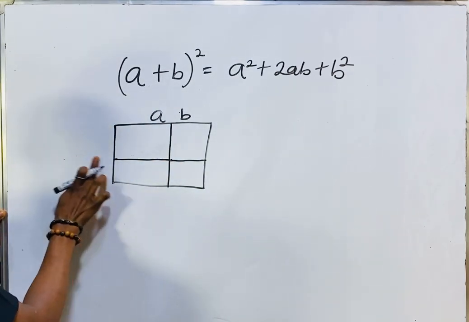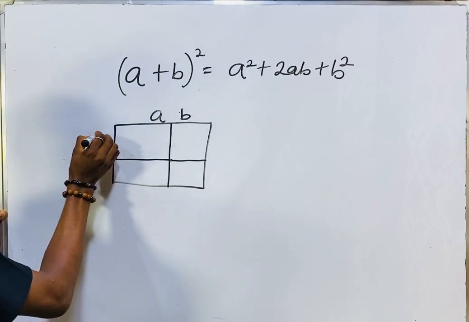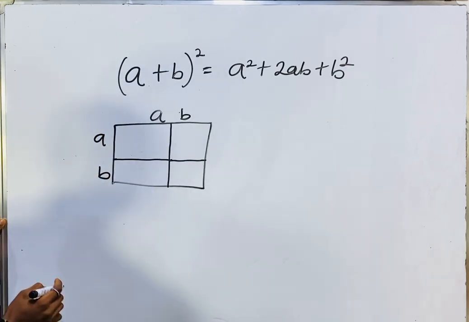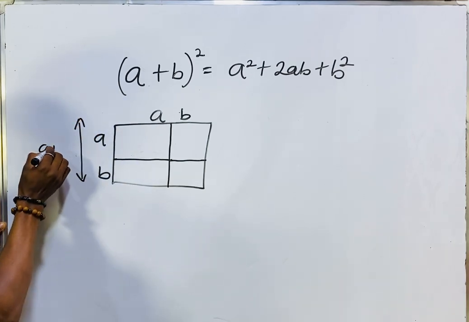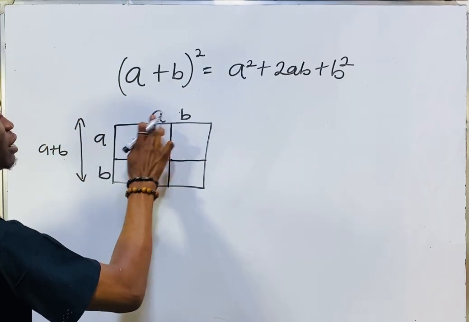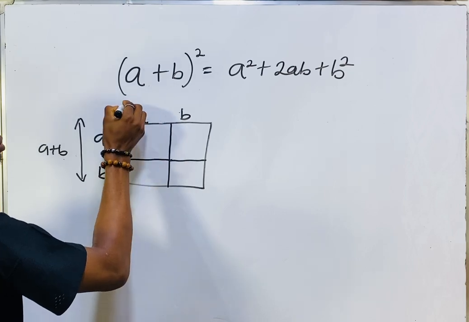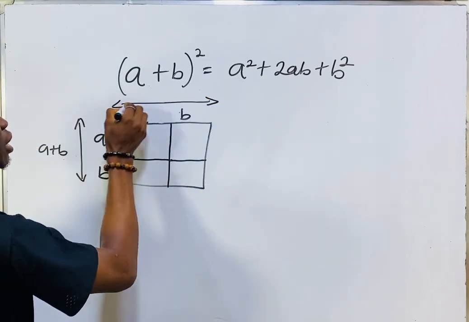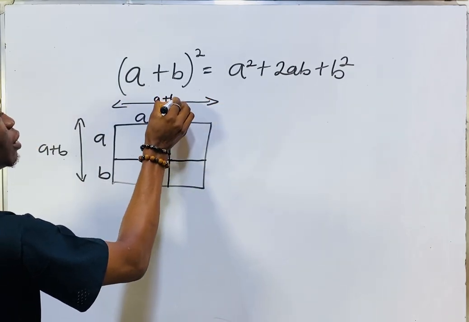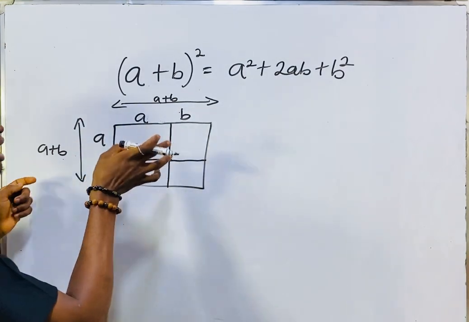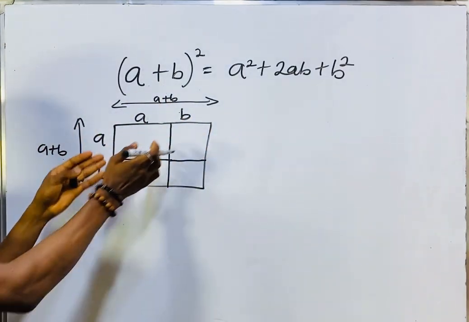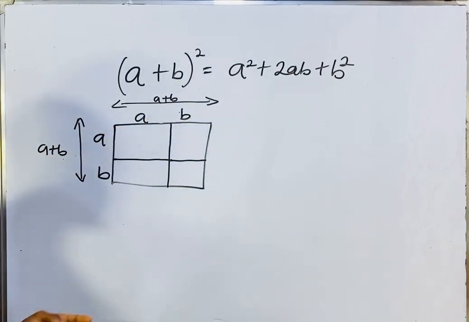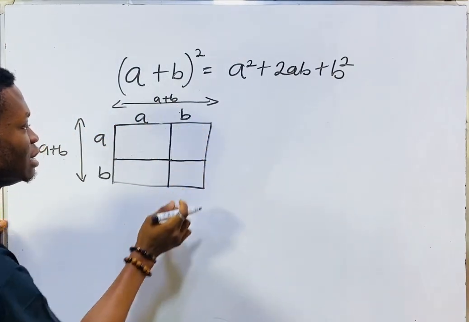So I can decide to put this like this, a and what? B. So that the total of this place will give me a plus b. And the total of this place will give me what? A plus b. What are my reasons? Because I have said that this whole place is a plus b. So if I split it, the sum of this thing will give me a plus b, right?